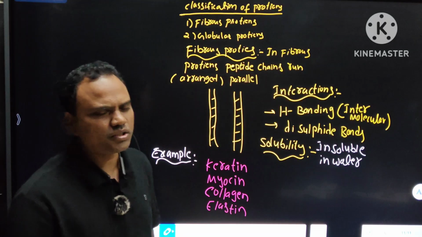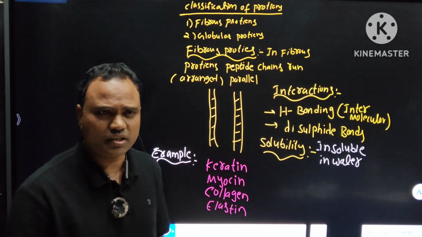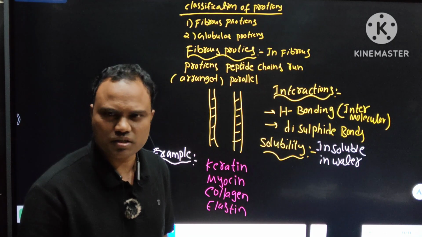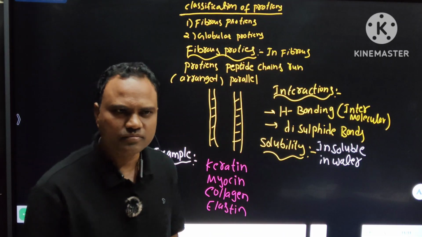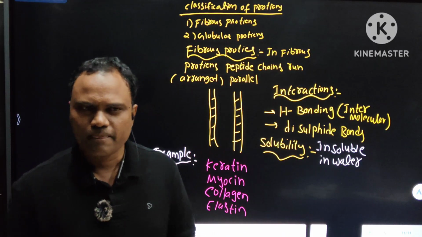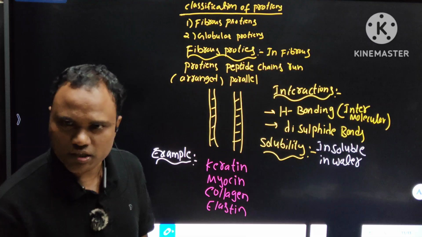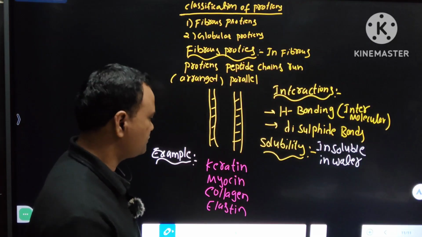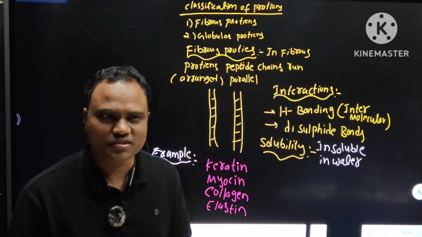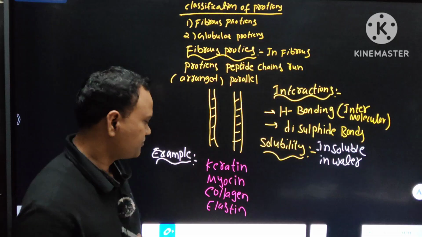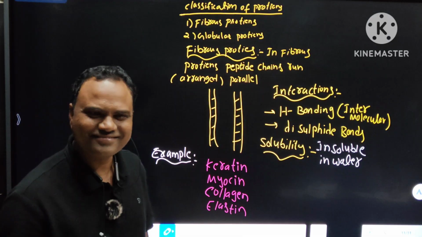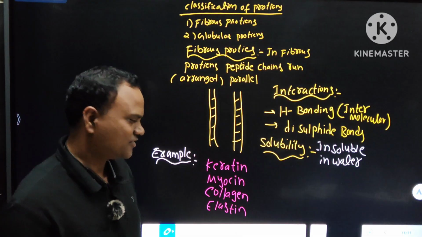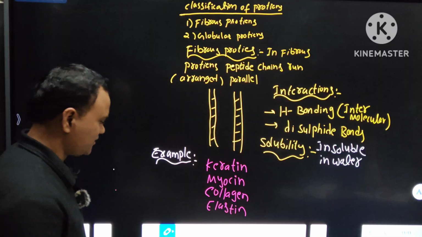Keratin is present in, I think, hair and nails. I think it is correct or wrong, I don't know. You only tell me where it is present. Hair or nail? Hair. Myosin, I know about myosin. Myosin, muscles. Collagen? Okay.